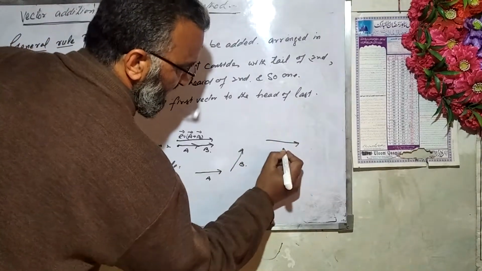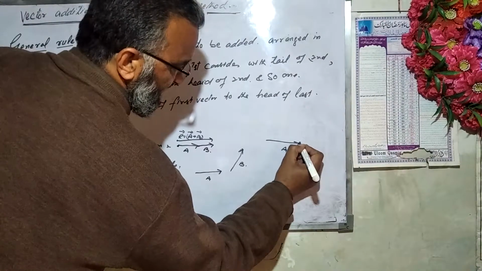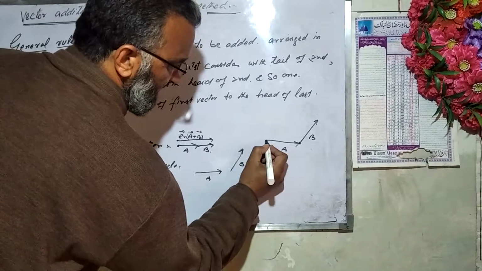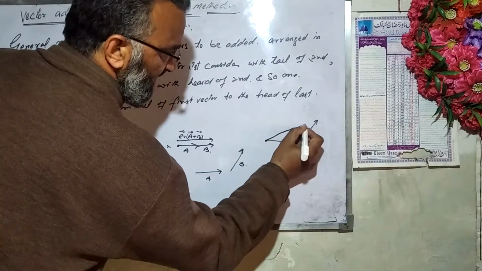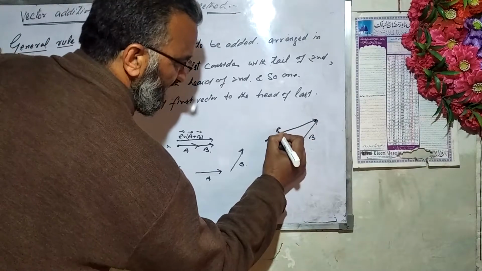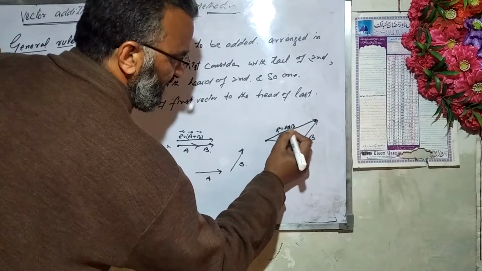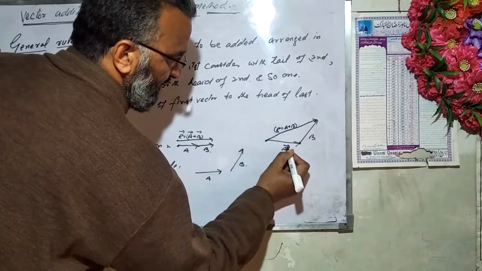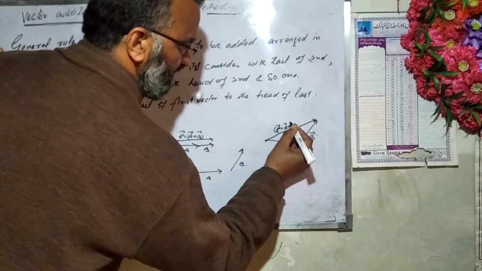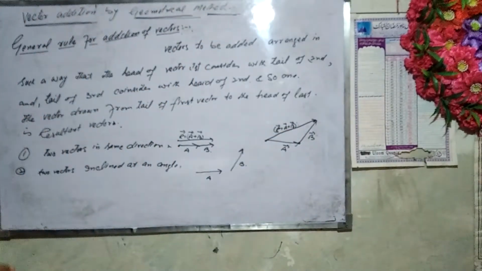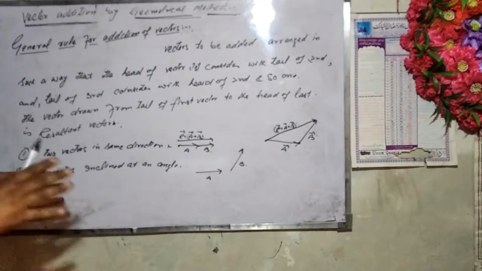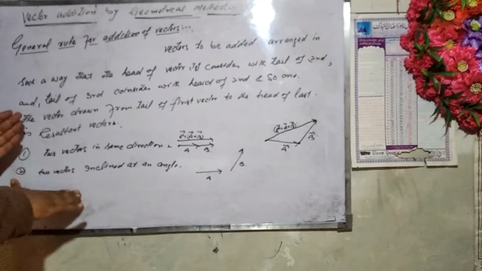So here this is A. Let we coincide the tail of B with the head of A. The resultant is the single vector drawn from the tail of A to the head of B. This resultant is equal to A plus B. Similarly, we can find the vectors in any direction. We can add them using this general rule.